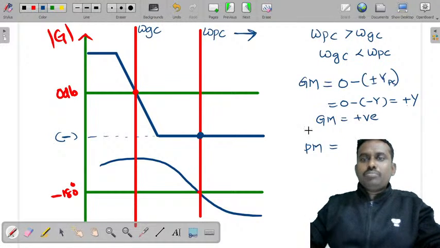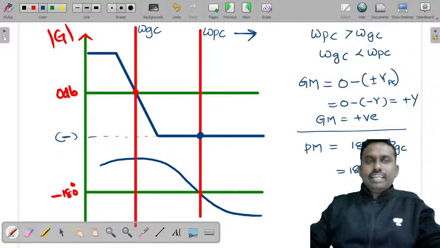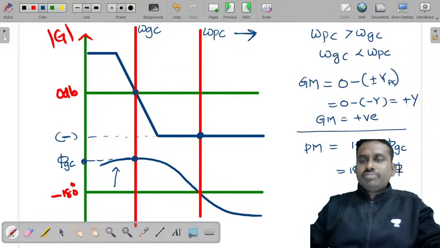Now if you observe the phase margin, it is 180 plus phi GC, where phi GC is the phase angle at the gain crossover frequency. This is the gain crossover frequency, and at the same point this is phi GC. If you observe, phi GC is greater than minus 180, so 180 plus phi GC will also be a positive value.